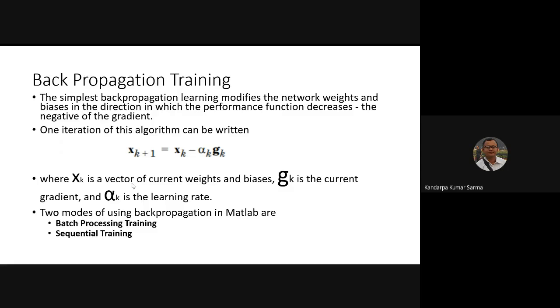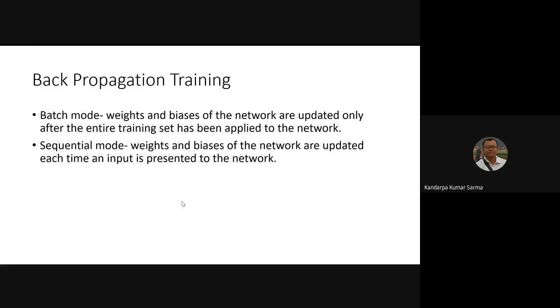Let's come to these two modes of training. In the batch mode, the weights and the biases of the network shall be changed or tuned when the complete set of training data has been given to the network.